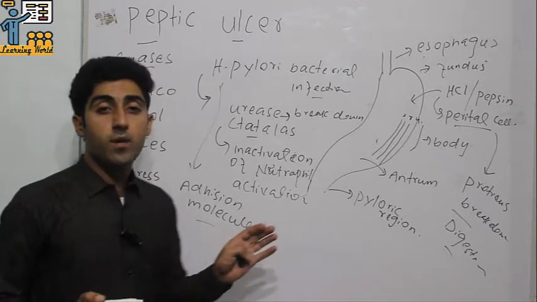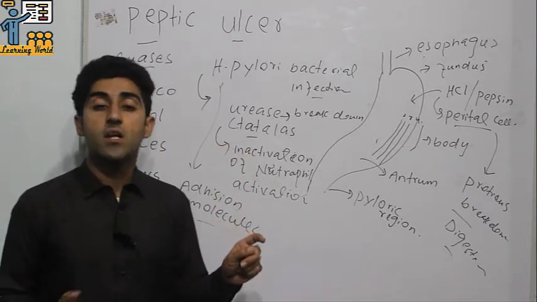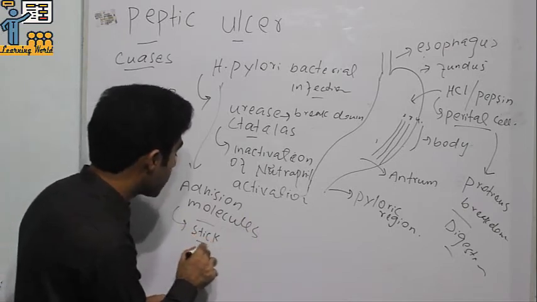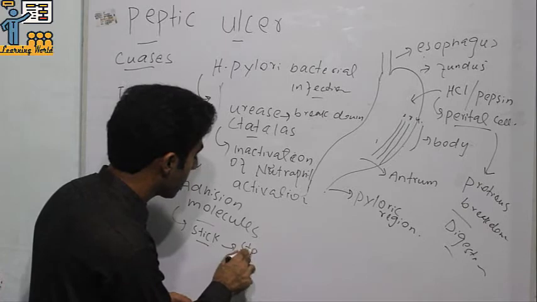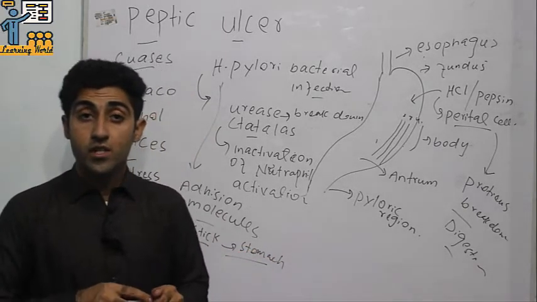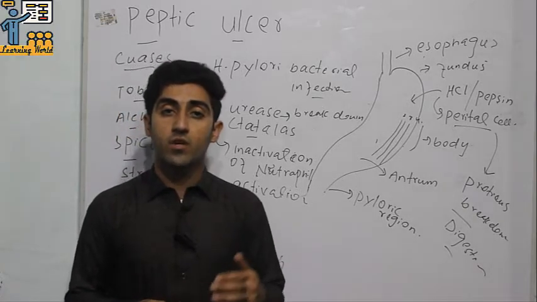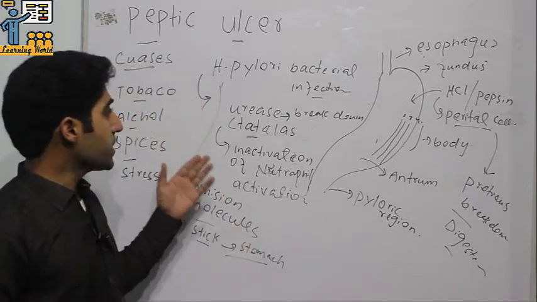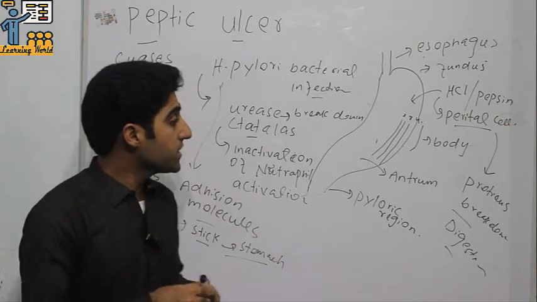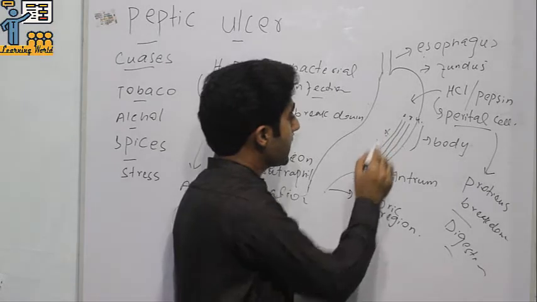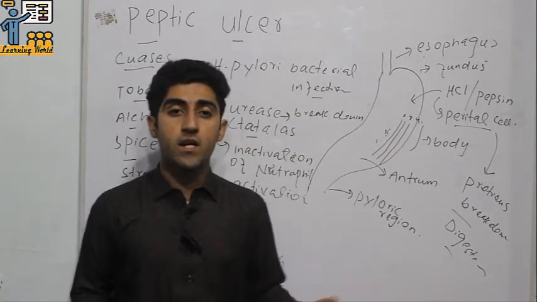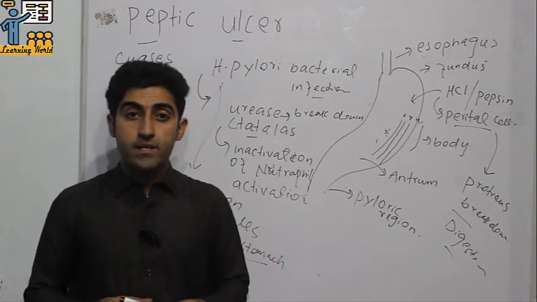Due to this adhesion molecule, the bacteria will stick on the surface of the stomach, and they will cause the destruction of the different layers of the stomach and cause the ulcer. The H. pylori bacteria will break this layer of the stomach, so the hydrochloric acid will easily eat this layer. So ulcer will be the result.